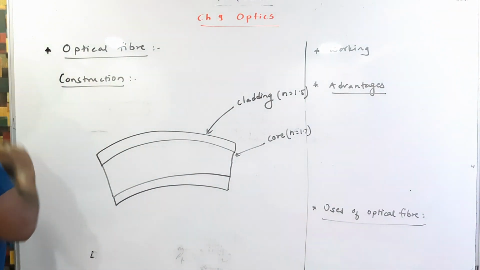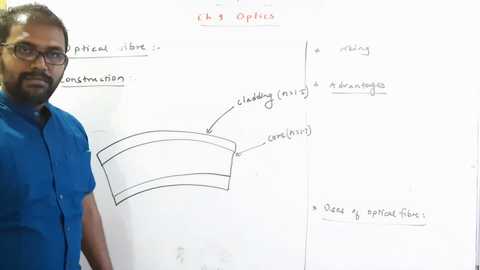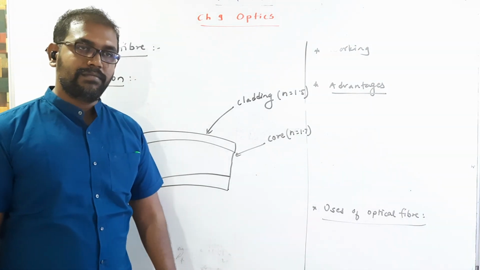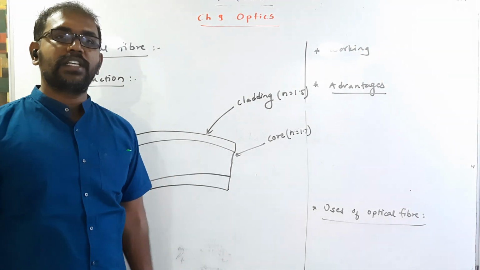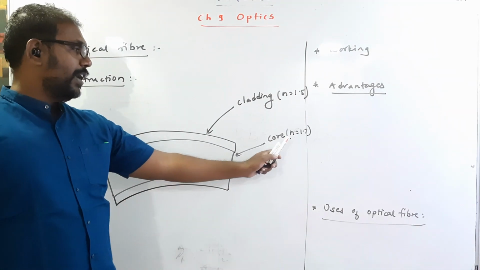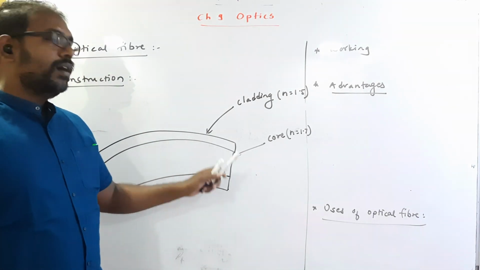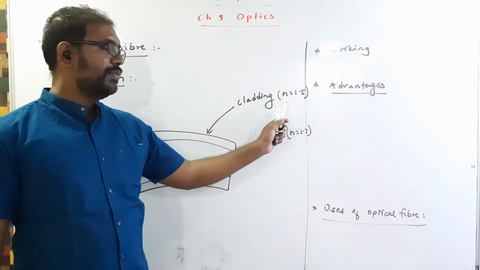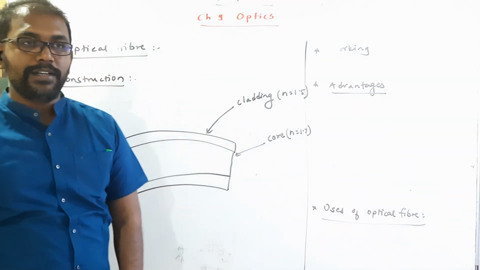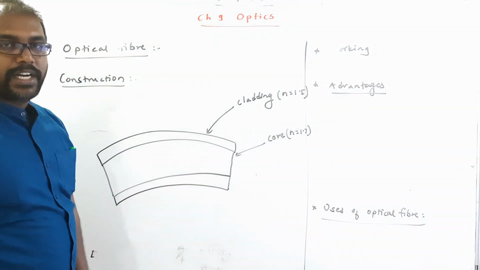Now construction. Optical fiber is made from high quality glass or quartz material, the central part is called the core, having a refractive index of 1.7. It is covered by a lower refractive index material called cladding, having a refractive index of about 1.5, and both core and cladding are covered by a protective covering.